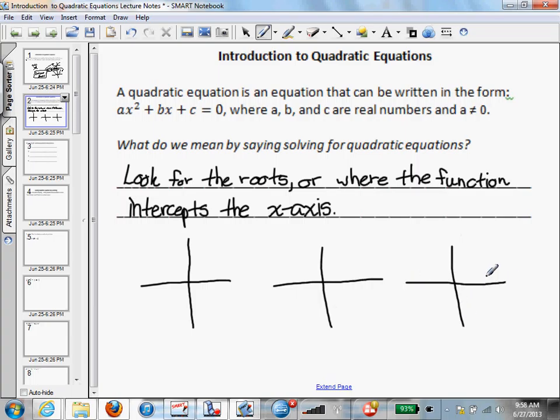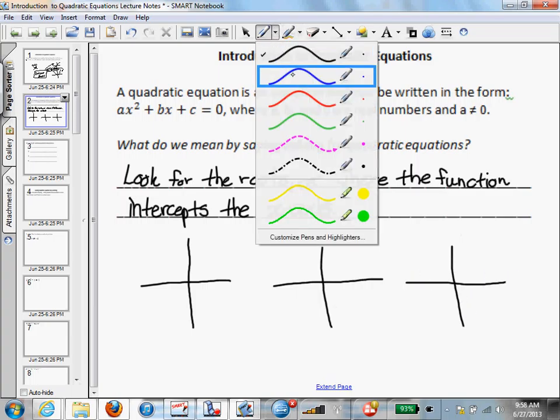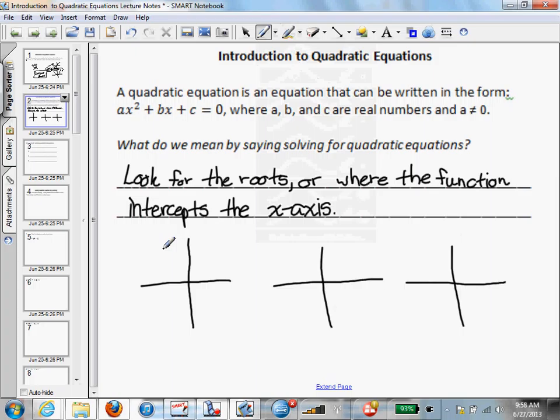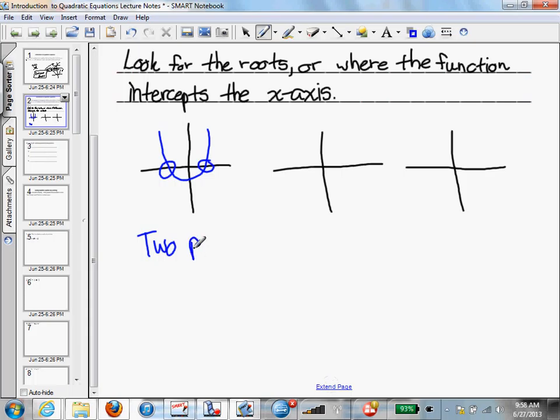So if you were to graph and get an answer that looked like this, you notice that there are 2 points that intersect, so there are 2 possible answers.